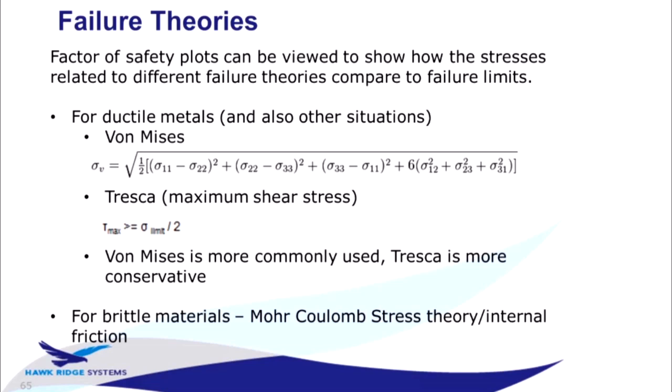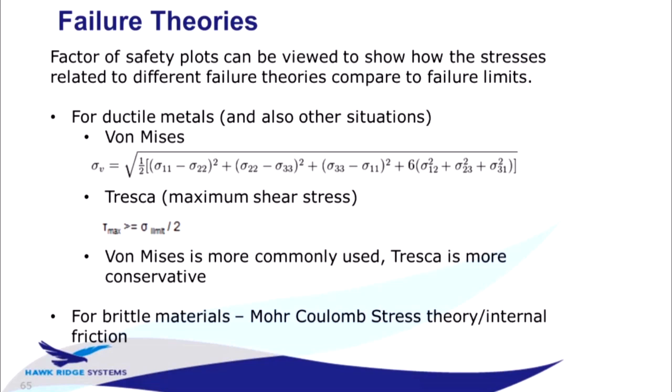That might be as simple as looking at the first principal stress and comparing it to the tensile strength of the model or the compressive strength of the model. A really common one for ductile metals, and also a variety of other scenarios, is a von Mises approximation. And this just combines the 6 different states of stress, X, Y, Z, and shear stress about those 3 axes, into a single value.